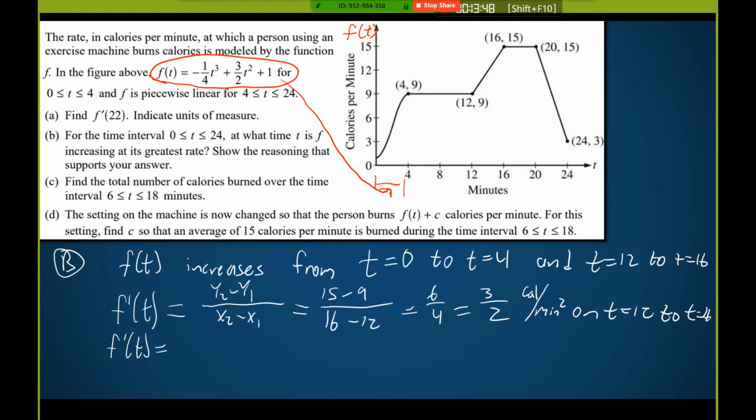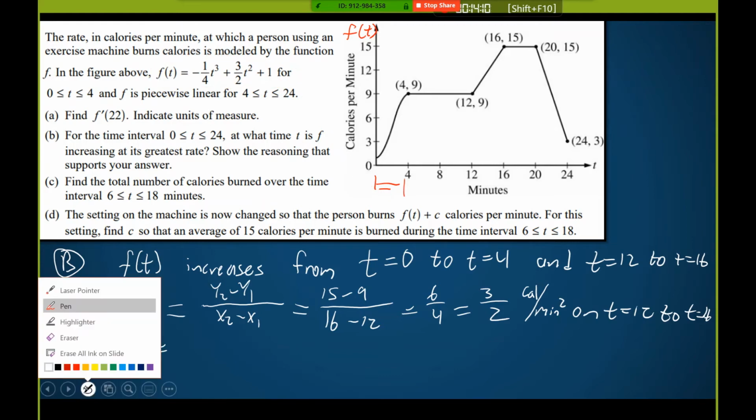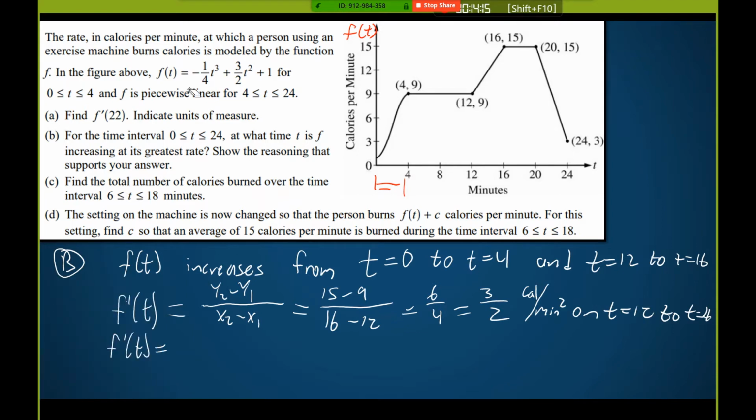You substitute 4. Substitute for, okay, let's get a general form first. So if I'm looking for how fast this is increasing, I'm looking for a slope. If I know our equation is here, we can derive. Okay, so we're going to derive once to get our general form.